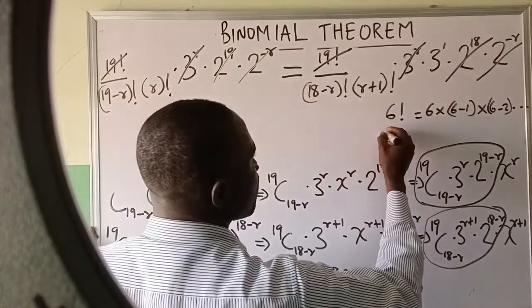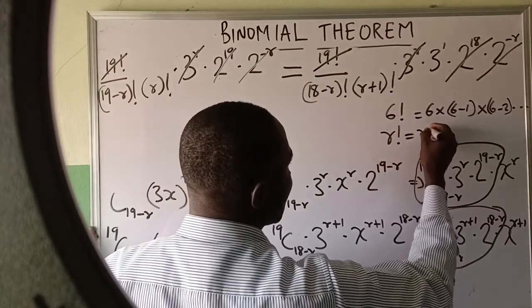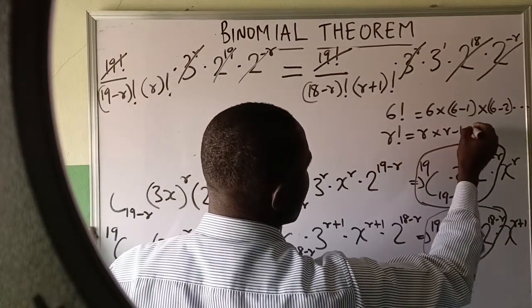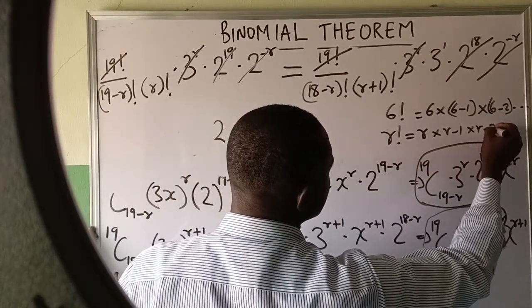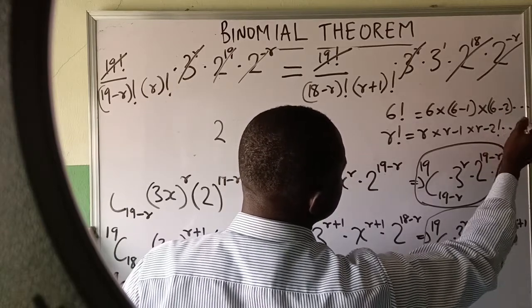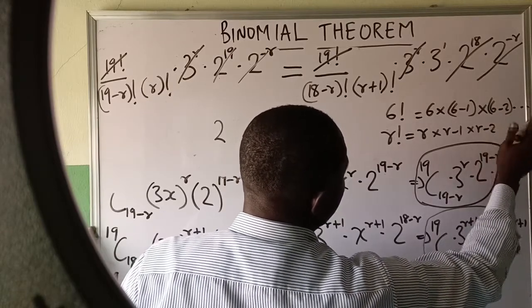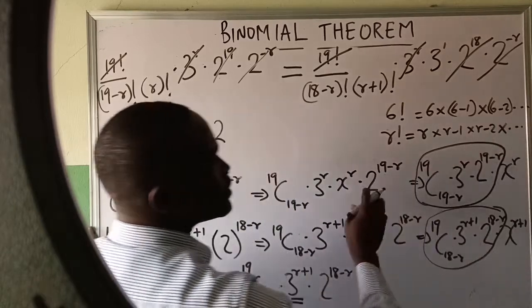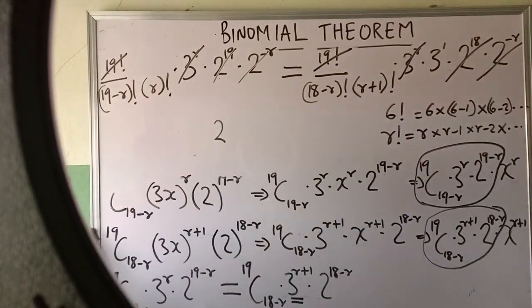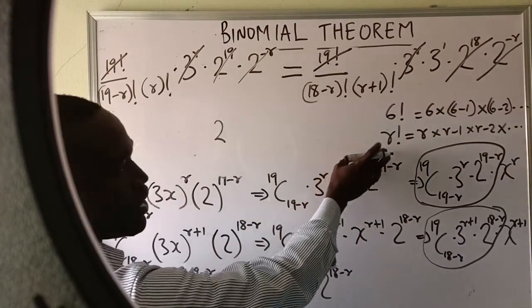If you have r factorial, it means r times r minus 1 times r minus 2, and so on, till wherever you want to stop. That's about factorial.